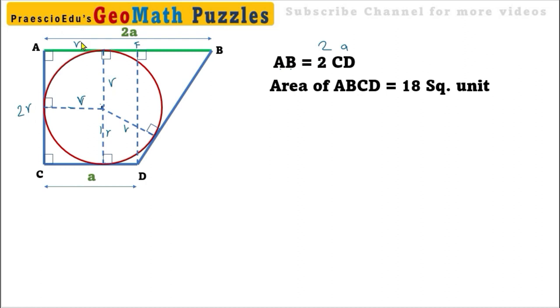This is also the radius R, but here it is 2a. So if we subtract a from 2a, from F to A, FB comes to a, which means FB is equivalent to CD. Now this FD we know is 2R.